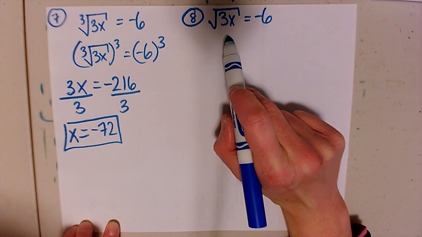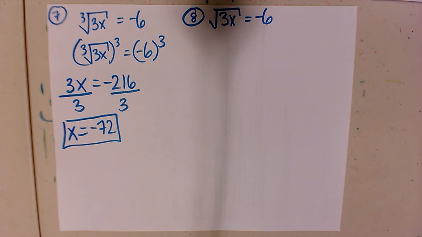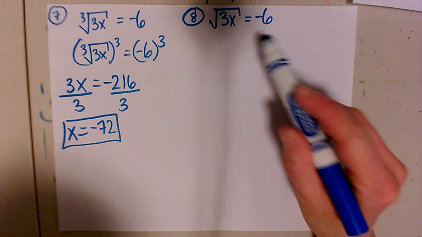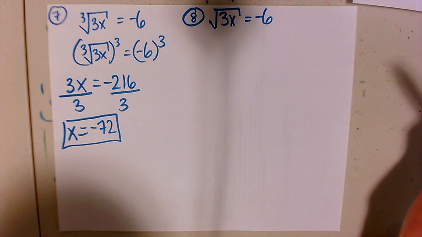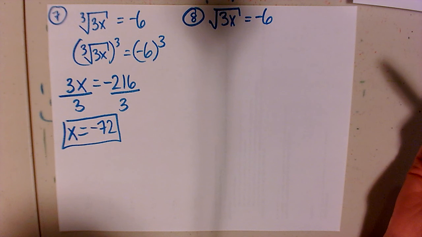Now, for this problem, we have the square root equaling a negative number, which is impossible because a square root can't be a negative. So, let me think about this one for a second.